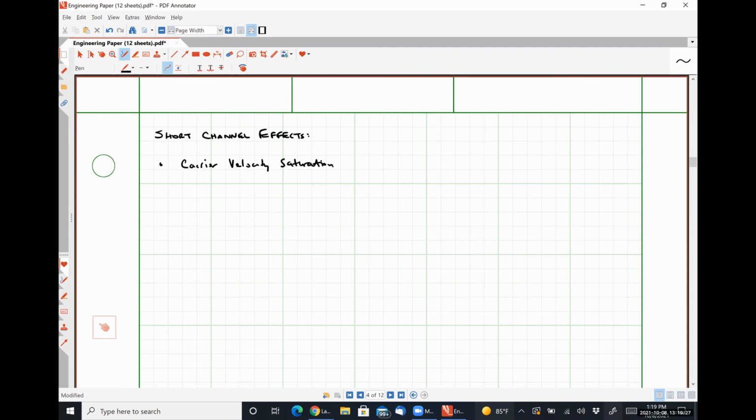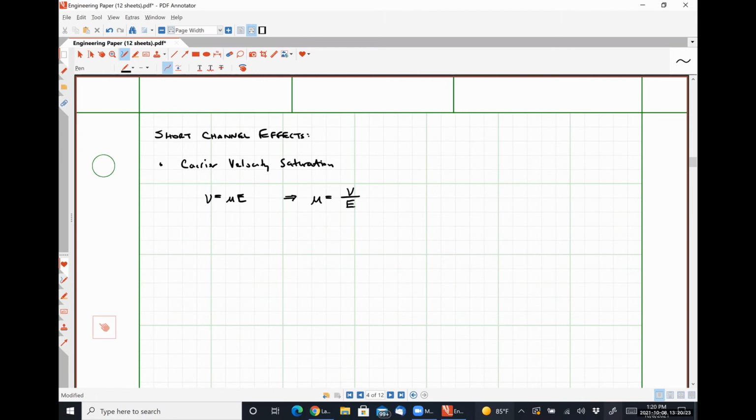When we were deriving the current-voltage relationships for our triode region operation, we made an assumption that our carrier velocity v was equal to mu times E. We could rearrange this relationship and say that our carrier mobility is simply our velocity divided by our applied field. Okay, so this is the assumption that we made.